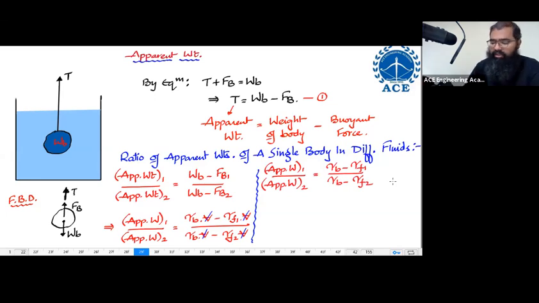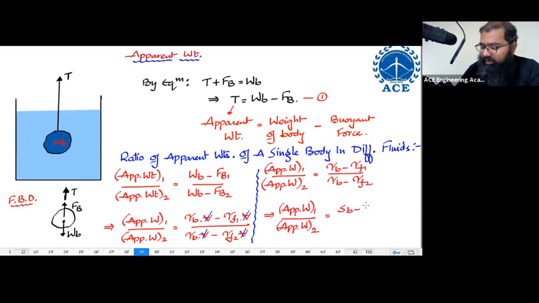Again, you are having ratios over here. Therefore, you can say apparent weight in case 1 upon apparent weight in case 2 will be equal to, since the ratio of gamma is as good as the ratio of specific gravities, SB minus SF1 upon SB minus SF2.